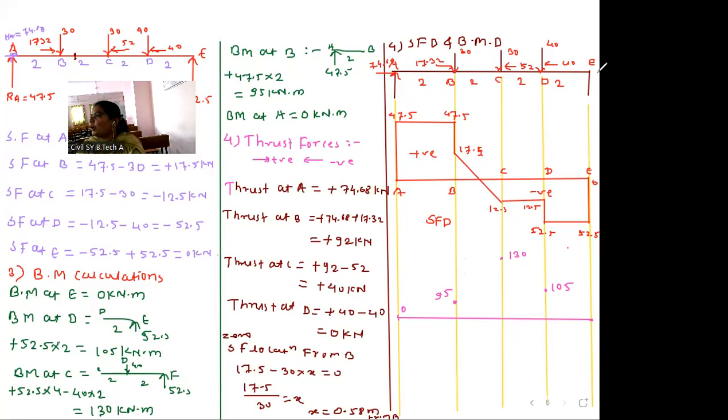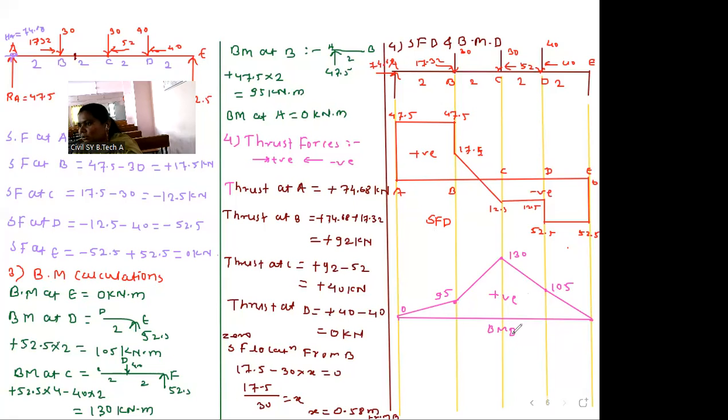So here only point loads are applied. That means variation is linear. So this is the bending moment diagram. Whole diagram is positive. This is what we call the bending moment diagram.